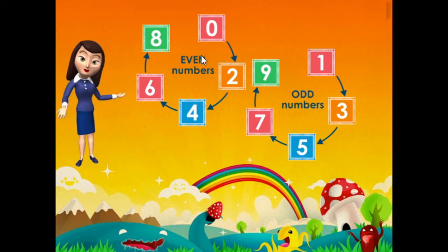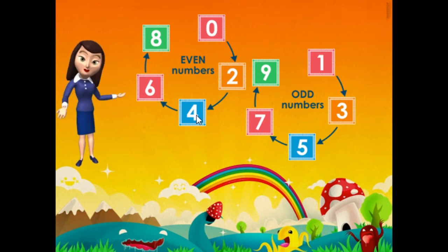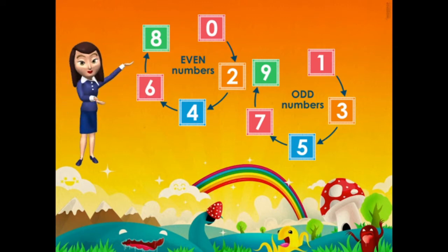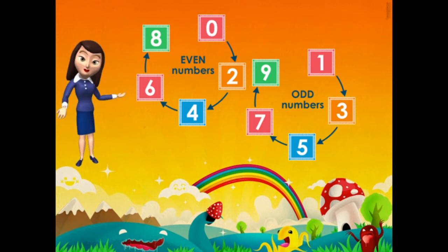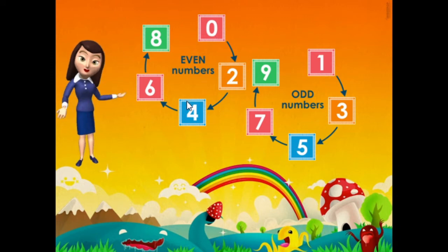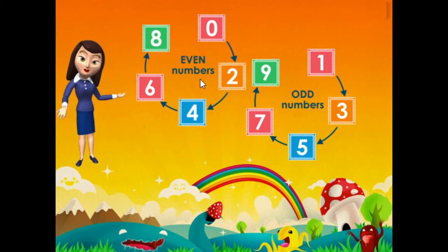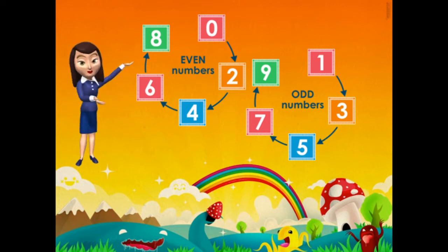And for even numbers, they are 0, 2, 4, 6, and 8. And all other 2, 3, 4 or more digit numbers ending with 0, 2, 4, 6, and 8 are even numbers. That's the difference between the two, odd and even.